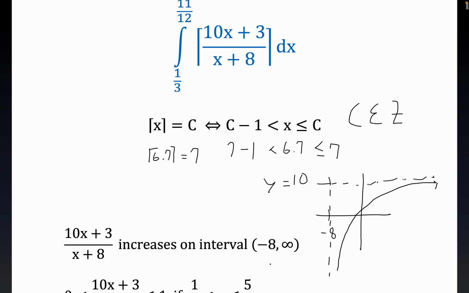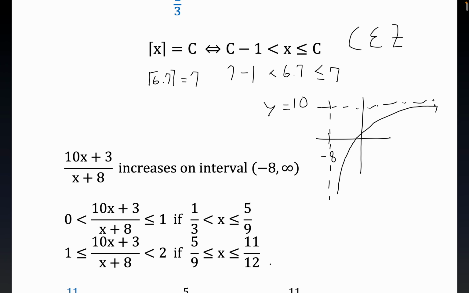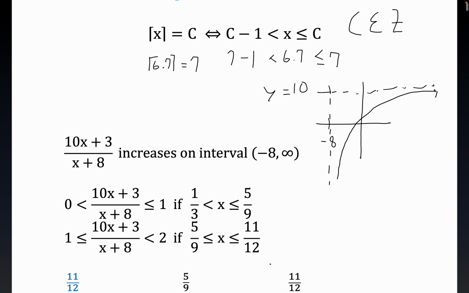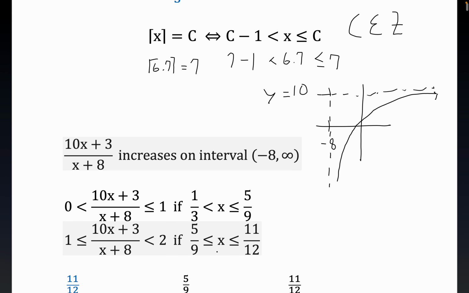So anyway, once we get that out of the way, we can actually talk about what's going on with this function for values of x greater than 0, okay? And notice that I considered the two intervals 0 to 1 and 1 to 2. The reason why I did that is fairly simple. You need to know when the value is going to change, so you look at when you're switching from one integer level interval to another.